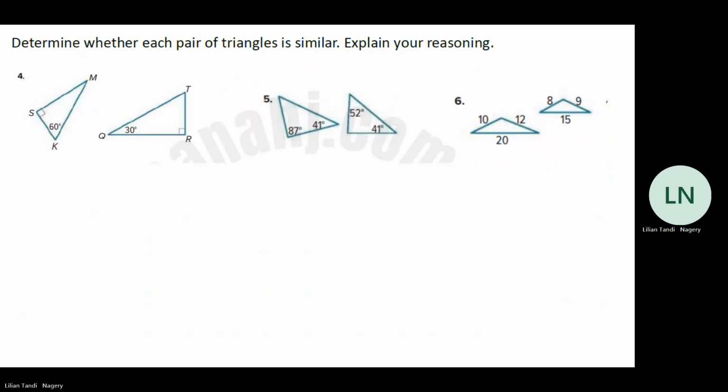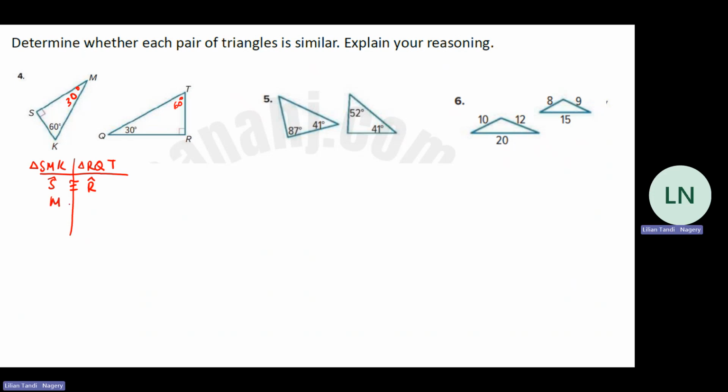Okay. So here, this will be 30 because 90 plus 60 subtracted from 180 gives you 30. And also, this is a 30, 60, 90 triangle, okay? So you will write here your table. Here you will have triangle SMK and here you will have triangle RQT. S is friends with R because they are the same letter.